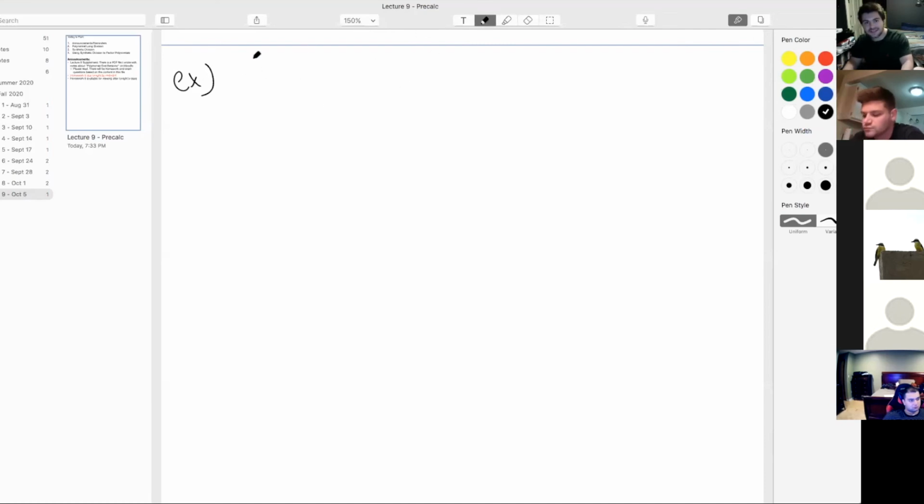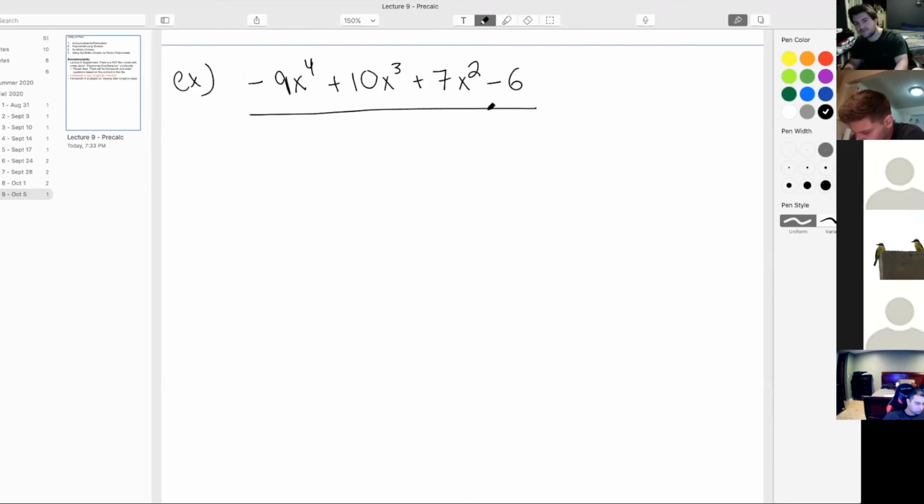Okay, so the example is -9x to the 4th plus 10x to the 3rd plus 7x squared minus 6 divided by x minus 1.